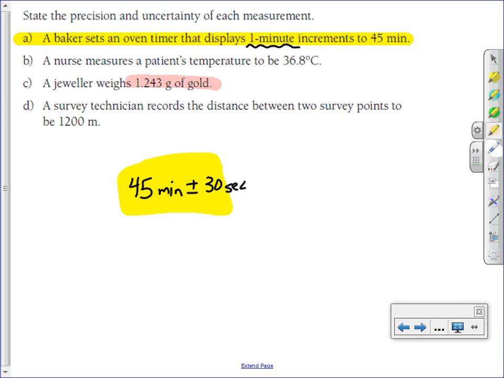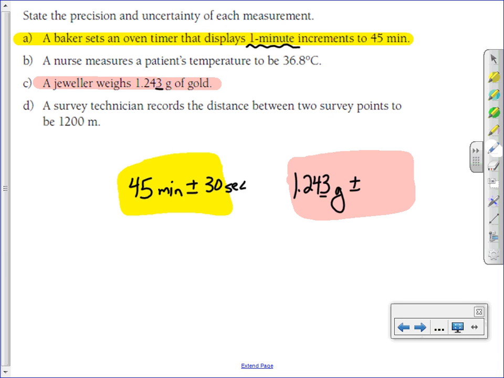Let's take a look at this one. A jeweler weighs 1.243 grams of gold. What's the measurement? 1.243 grams. Now the uncertainty isn't directly listed as it was on the oven timer, so what we then do is we look at the last digit and we say, well, what place value is that?